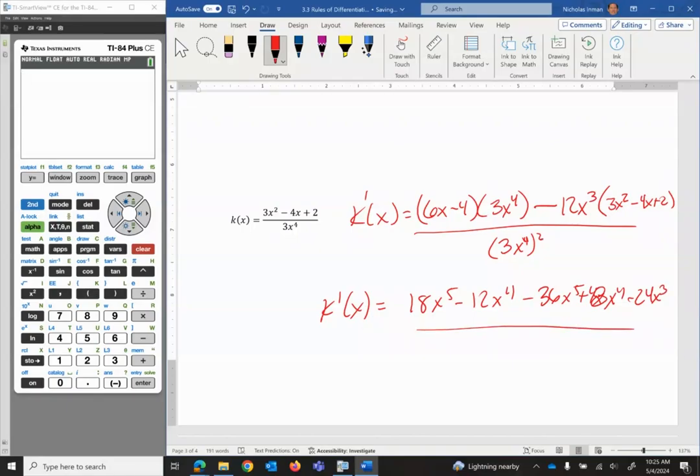Since there's no addition or subtraction in the bottom, we can do that. 9x to the 8th. All right, combine and split terms. The 5th powers, we got negative 18x to the 5th. The 4th powers, I've got negative 12 and 48. Sorry, my handwriting with this pen is a little tough sometimes.